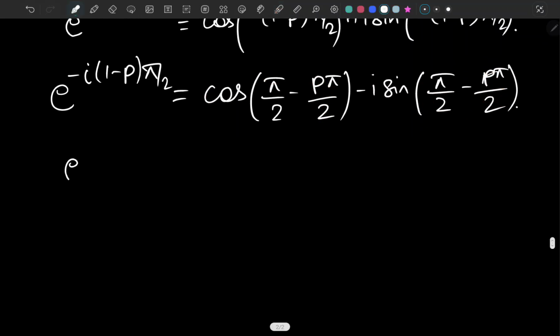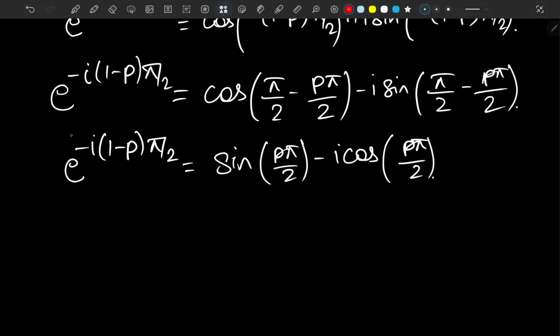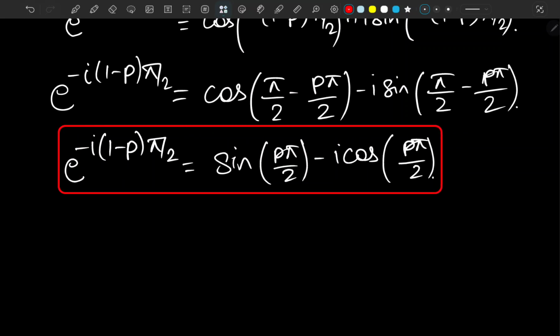So finally we have e to the minus i (1 minus p) times pi over 2, which is sine of p pi over 2 minus i times cosine of p pi over 2. So yeah, this is what we have.